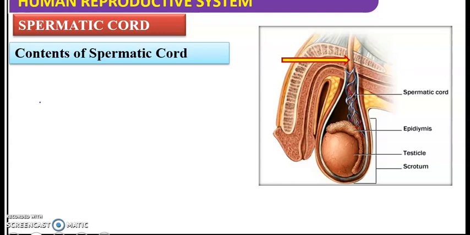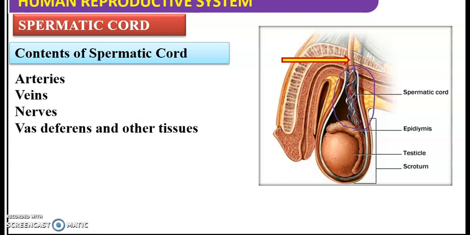Now, the spermatic cord, though appearance-wise it looks like one homogeneous structure, in fact if you look clearly in this image, there are multiple colored wires entangled around it. Each spermatic cord contains arteries, veins, nerves, the vas deferens and other tissues.